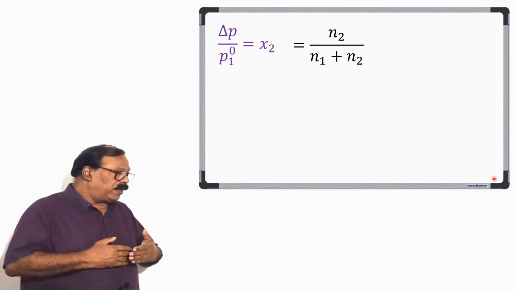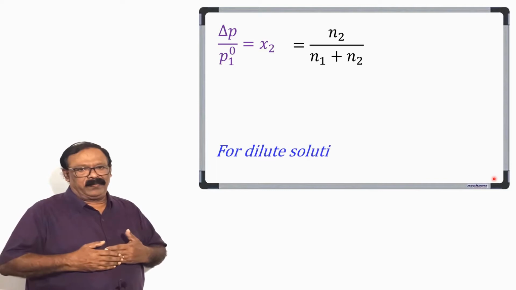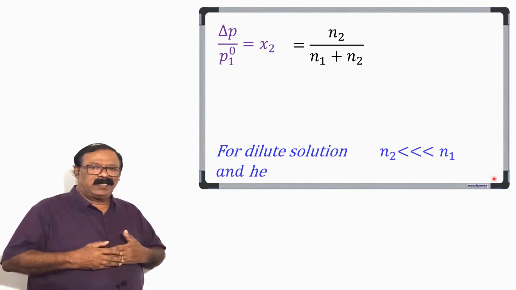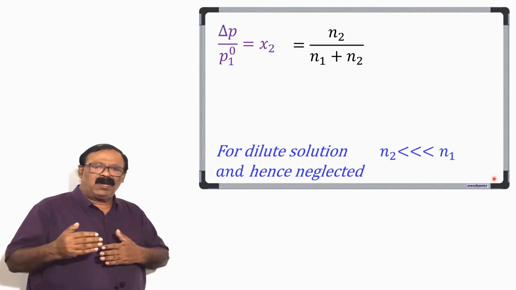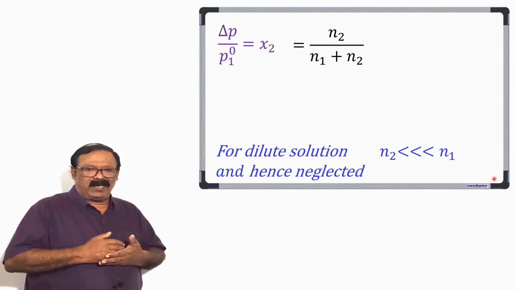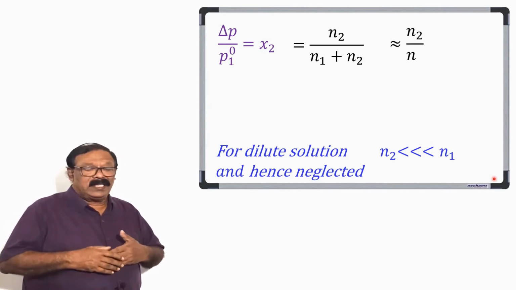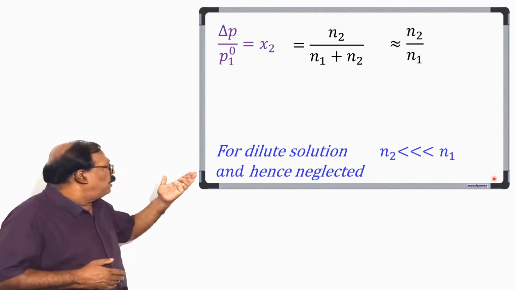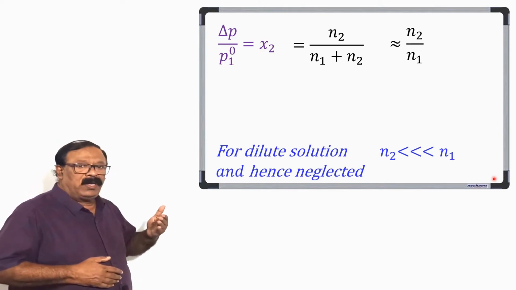So here in the denominator we have N1 plus N2. Now for a dilute solution, the number of moles of the solute N2 will be very small when compared with N1. So in the denominator we are neglecting N2, and this equation becomes delta P by P01 is equal to N2 by N1.